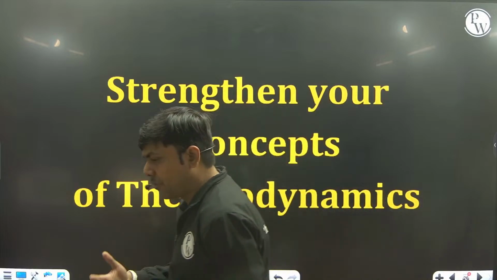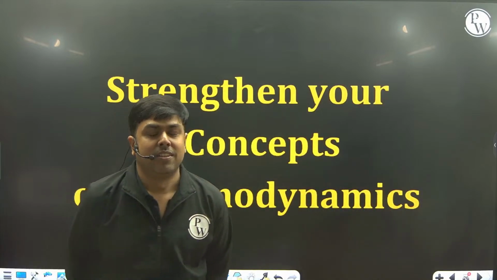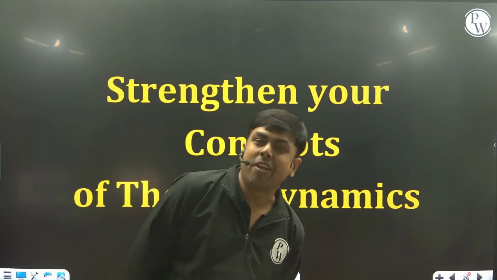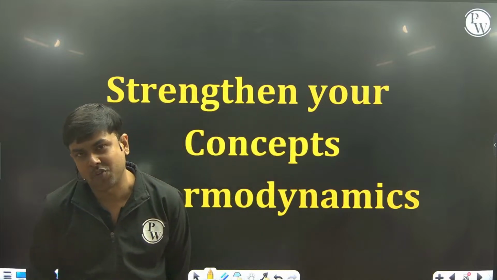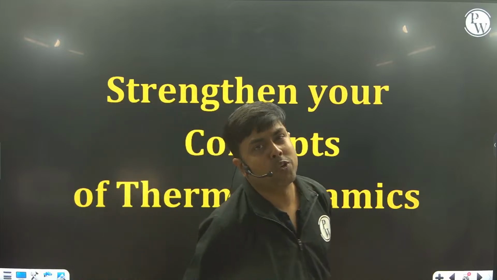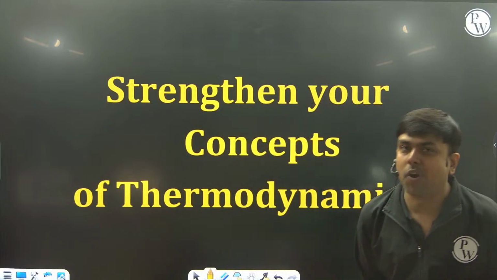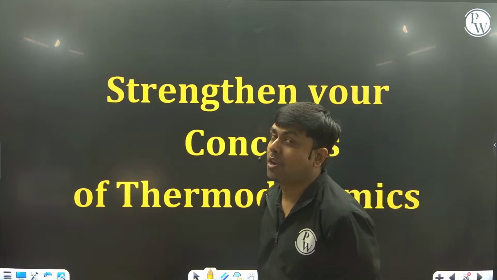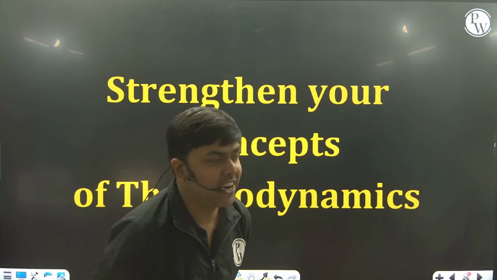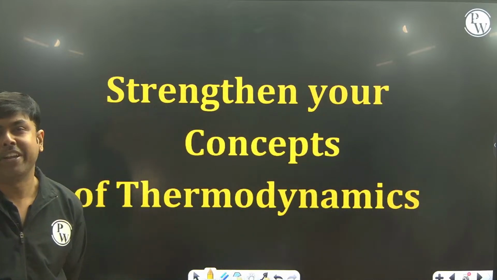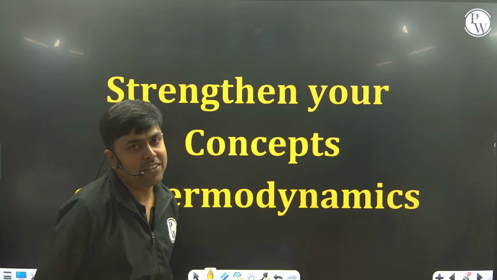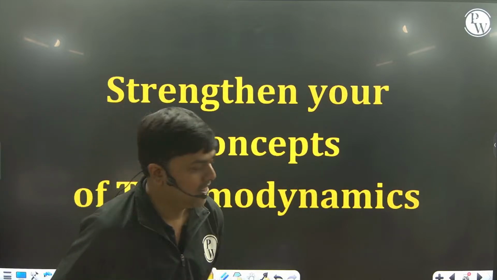Now it's time to discuss thermodynamics. One to two questions for sure will be asked from chemistry and one to two from physics, so a sum total of 4 questions. Very typical, very easy, and a highly scoring chapter of chemistry. Shall we start?